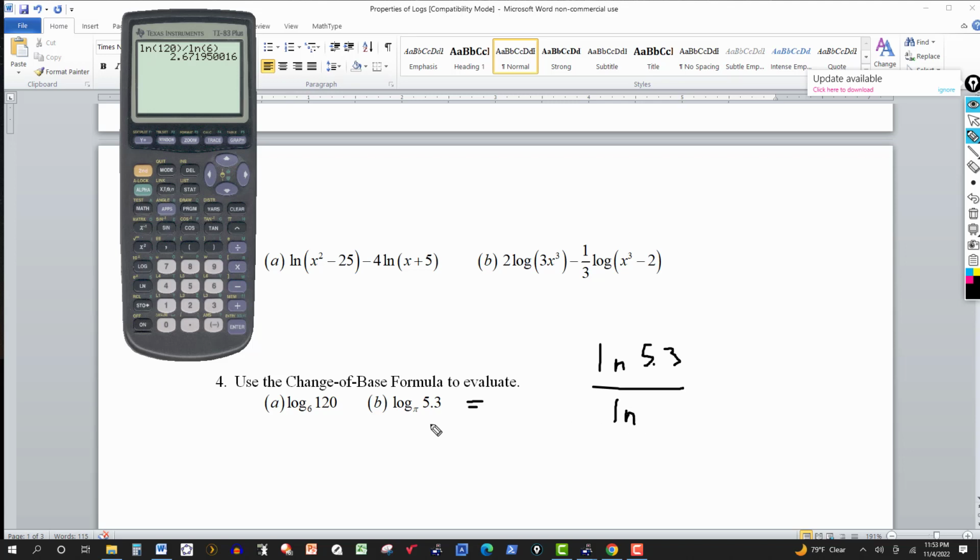The given base is pi. We come back over here, hit second. Well, I have to go natural log of 5.3 divided by natural log of pi.